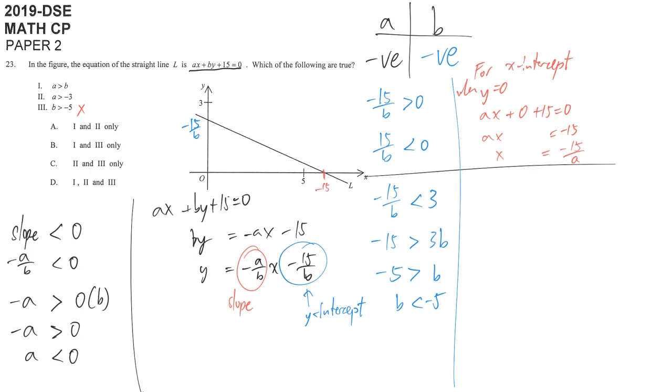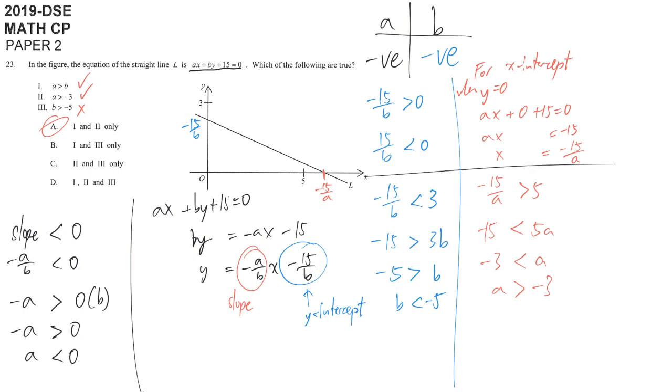This position is negative 15 over A. Then we can draw the conclusion negative 15 over A is larger than 5. Since A is also negative, multiplying by A will trigger a change in direction. A is larger than negative 3. So the first statement, A is larger than negative 3, while B is even smaller than negative 5. So A is larger. And the second statement is also correct, so the answer is A.